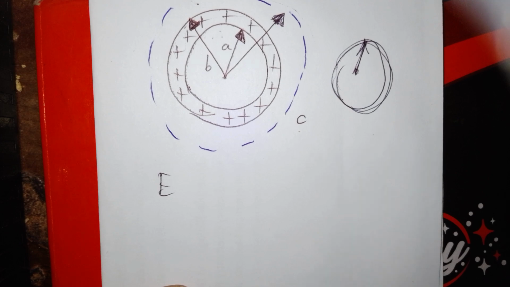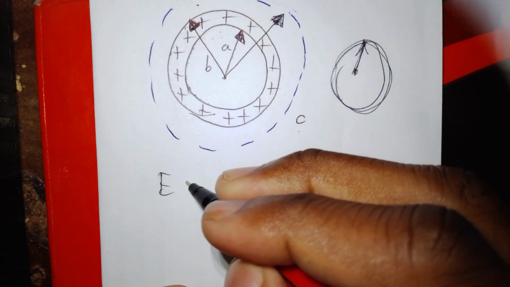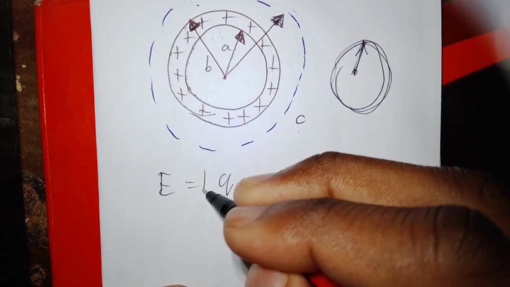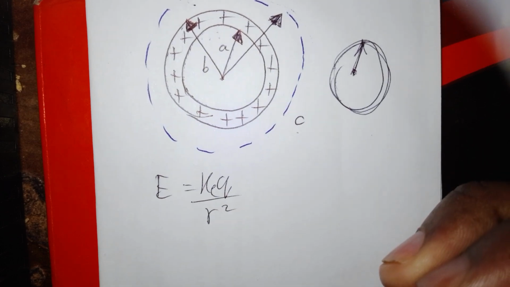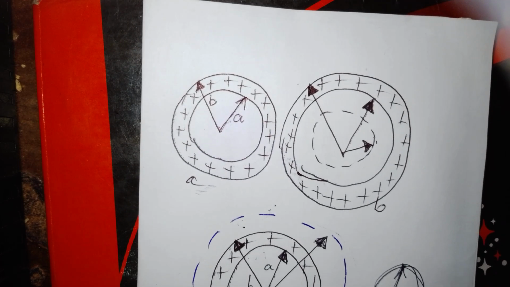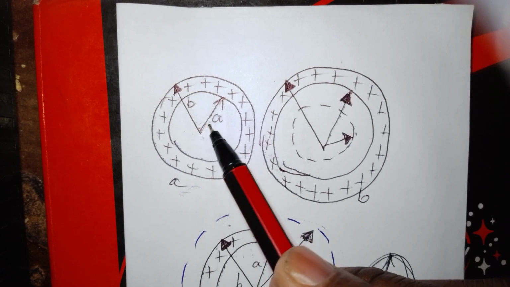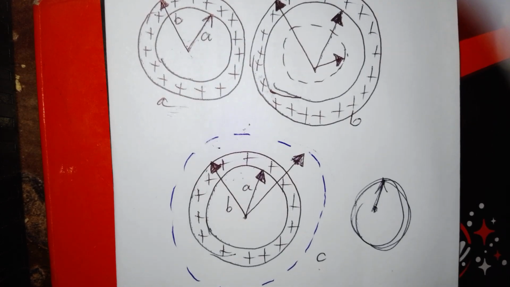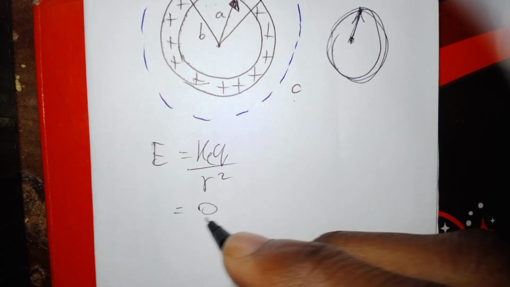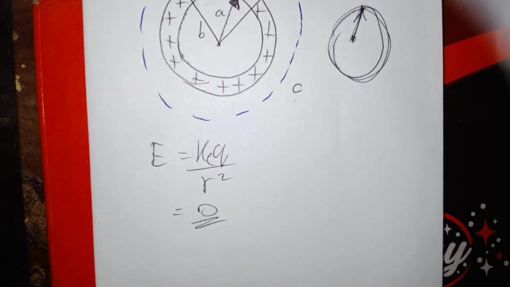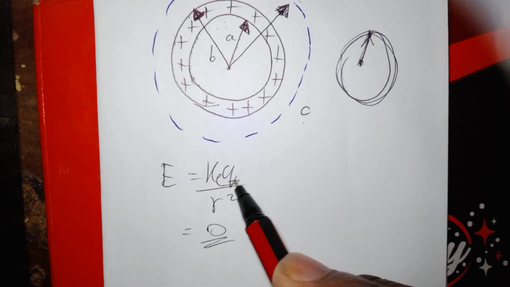Remember, the electric field has everything to do with the charge. It is kQ over R squared. But there's no charge inside, is there? No, there's no charge. So the electric field there is 0. If you didn't get that, you can just replay the video. The electric field is 0 because there's no charge inside, and the electric field has everything to do with the charge.